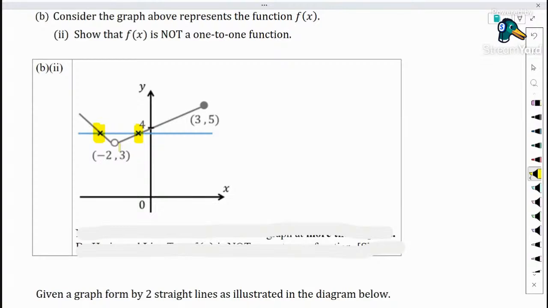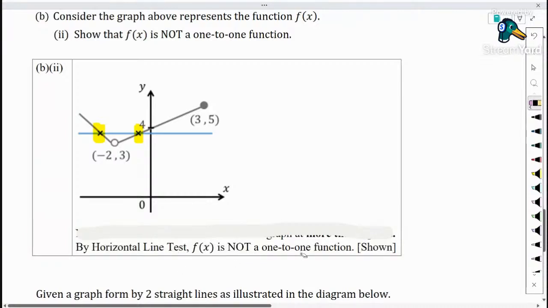If you can find 3 points, 4 points, also never mind. As long as any position cuts more than 1 point, then we write out our conclusion. Our conclusion is that by the horizontal line test, f(x) is not a one-to-one function.